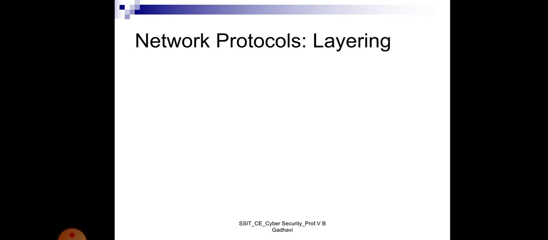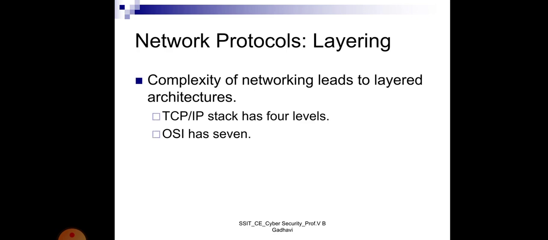Now, the first outlined topic is the network protocol. First, you must be aware which layer in protocol models we use as per the ISO OSI standard, the basic framework of protocols which follows the layer structure. The complexity of networking leads to layered architectures, in which the TCP/IP stack has 4 levels, OSI has 7.